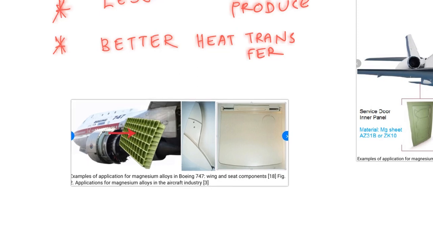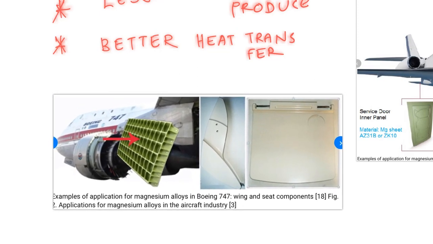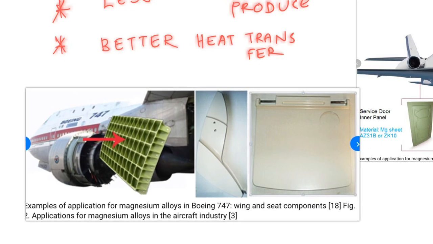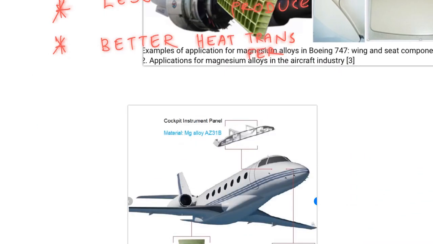Now finally, I would like to bring this portion to an end by showing you some examples where magnesium is utilized. Here you can see magnesium alloys being used in the Boeing 747 in the seat components, and near the engine as well. I think I've got another picture as well, so let's look at that.